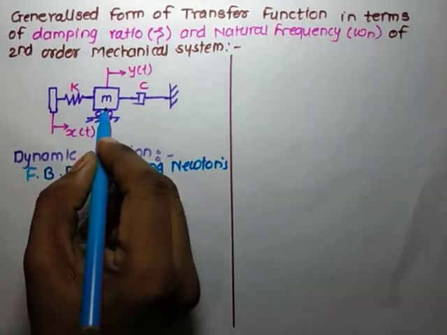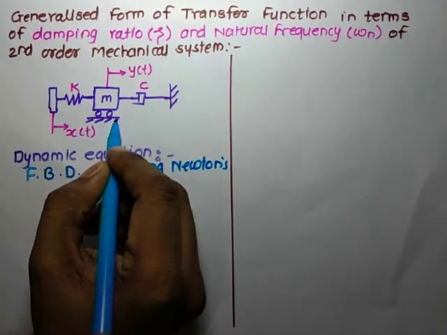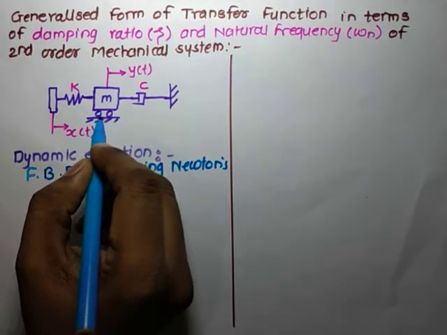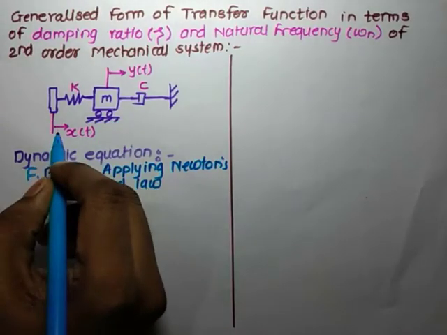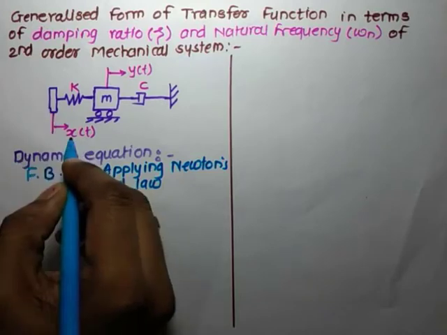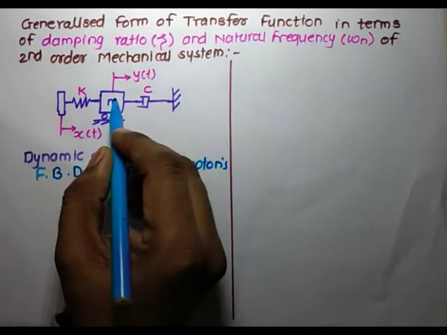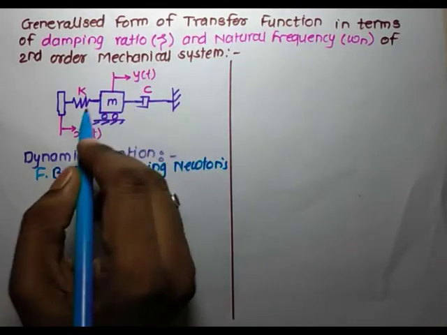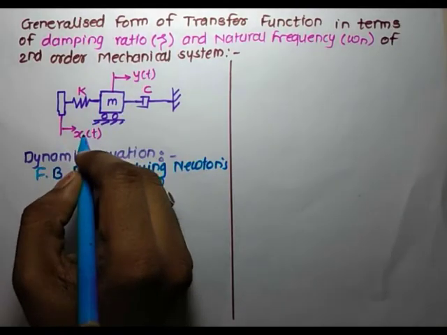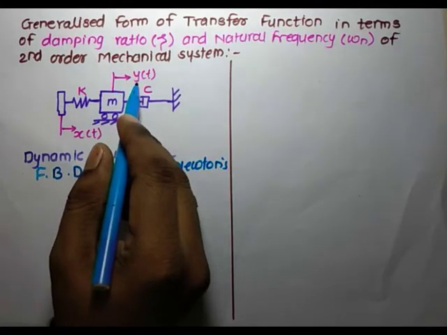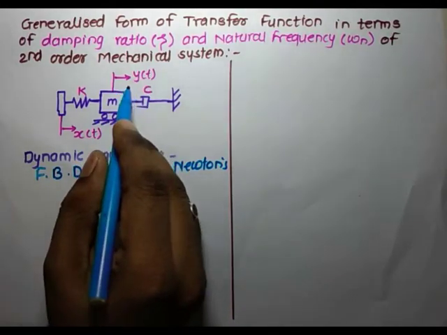The inertial body is rolling over a frictionless surface, so there is no friction between the roller and the surface. The input displacement is given to the massless plate, and the displacement given to this massless plate is x. It is assumed that the mass is moving in the same direction as x. So the input given to the system is x and the output of the system is y(t). Both are functions of time.